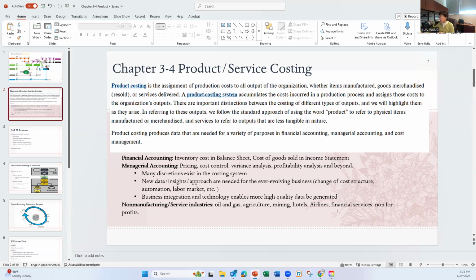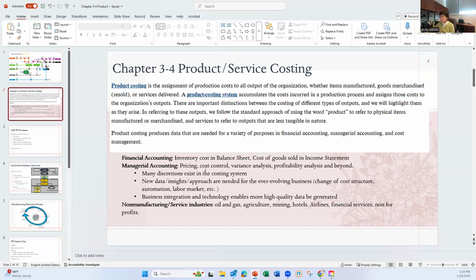And then you also have your supporting expenses with SG&A for service industries. So in this chapter, if you read the ebook, you will see a main manufacturer example. Then you also see the application in the service industry.